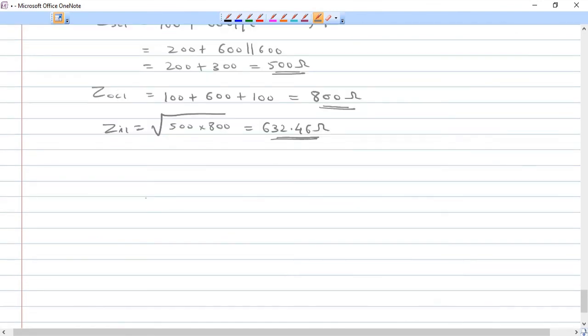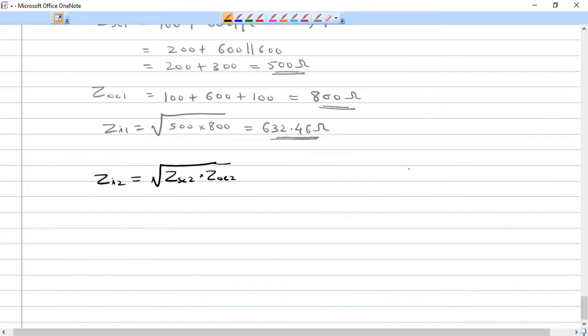Now what about ZI2? The second image impedance is ZI2, which will be equal to the square root of ZSE2 into ZOC2.